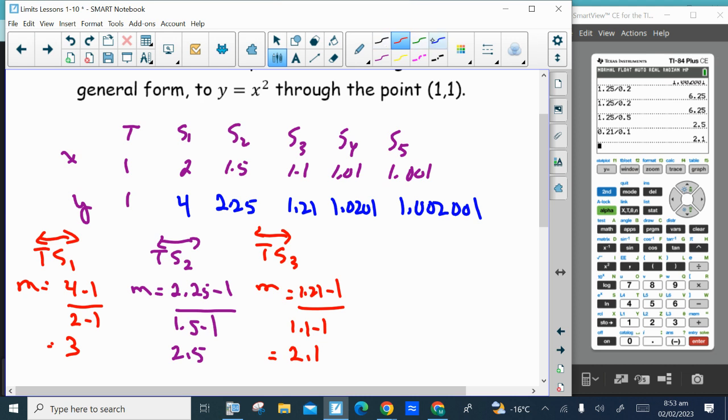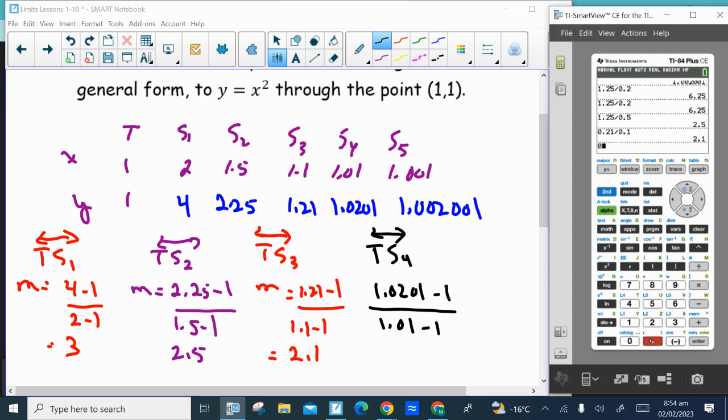So just to be sure, let's do one more here. Let's go from t to s sub 4. It'll be 1.0201 minus 1 over 1.01 minus 1.